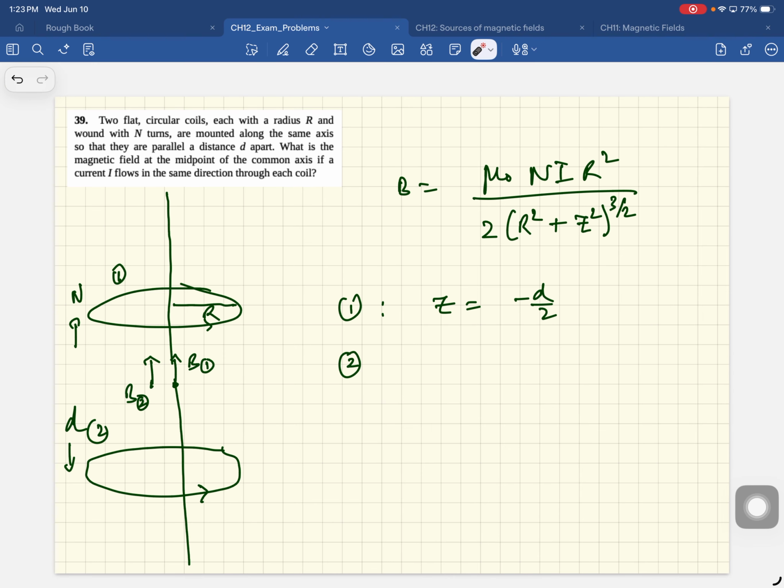So 8/10 of a Tesla, which is a fairly large magnetic field.